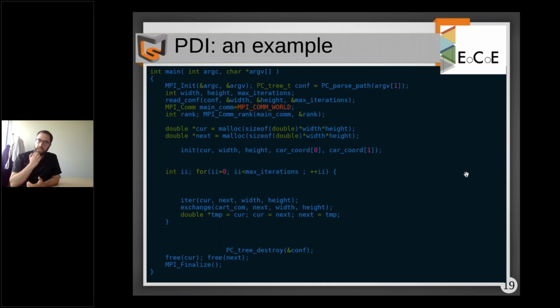In this example, there is no PDI at all. So let's see the first step to use PDI. We just have to add our two functions we've seen, the initialization function and the finalization function.